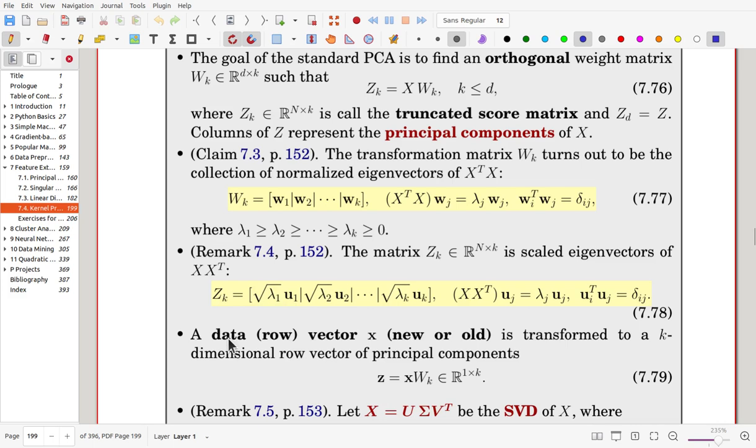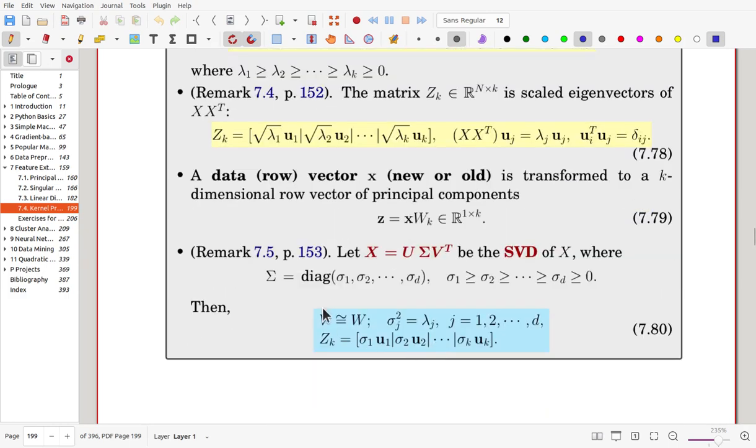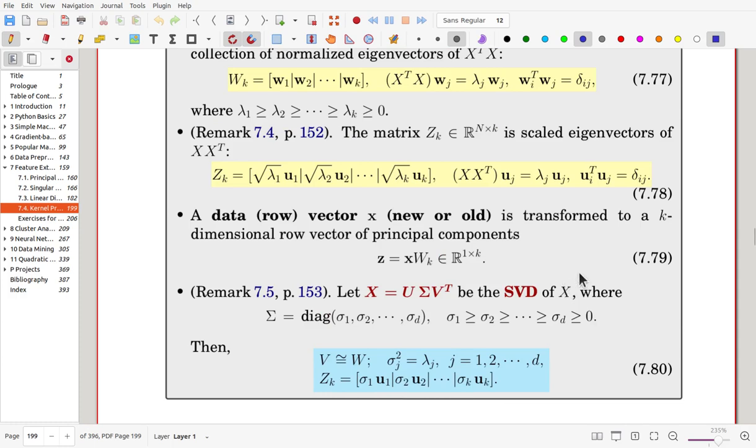Then every point vector x can be transformed to a k-dimensional row vector by this weight matrix. Using singular value decomposition, if we get X as U sigma V transpose, with singular values on the diagonal of sigma in decreasing order, then we can see that W and V are the same, though we use approximation notation.